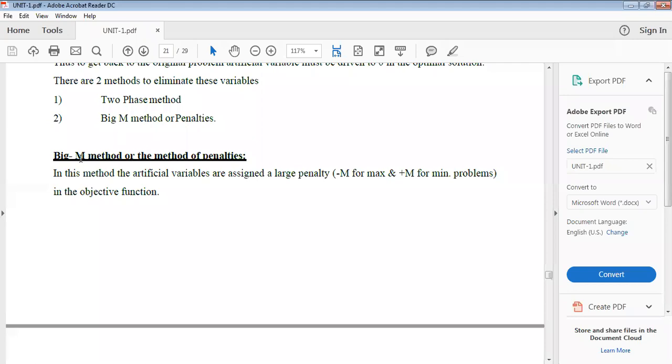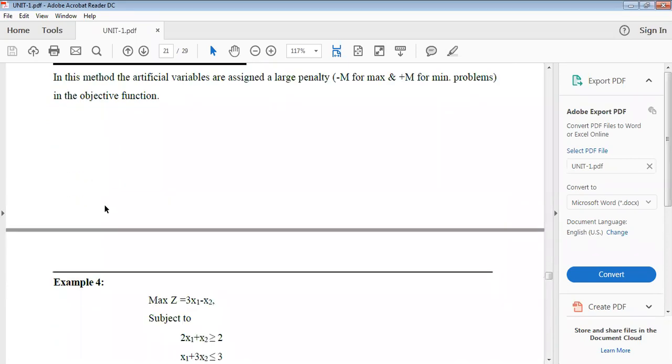In this method, the artificial variables are assigned a large penalty, -M for maximum and +M for minimum problems, in the objective function.